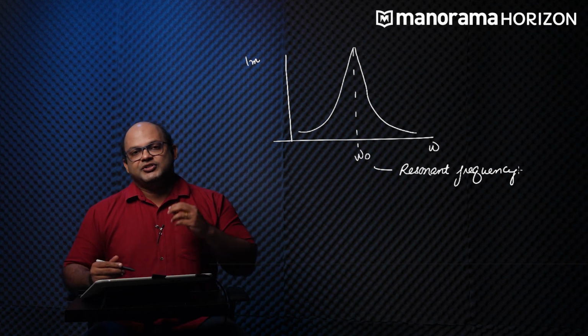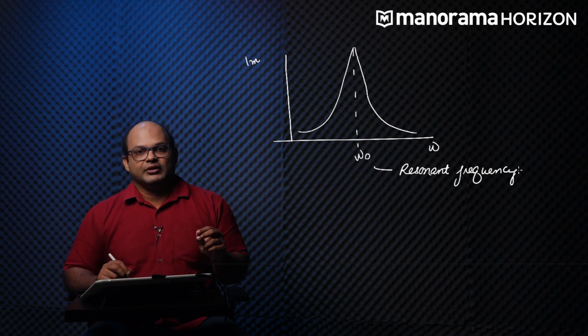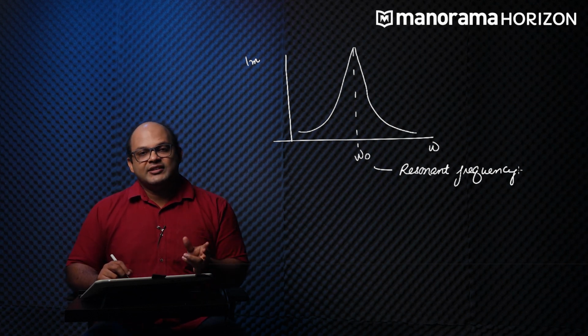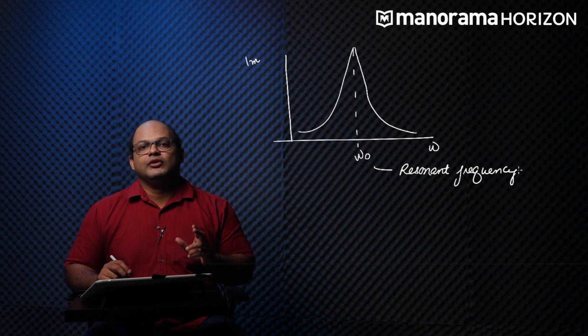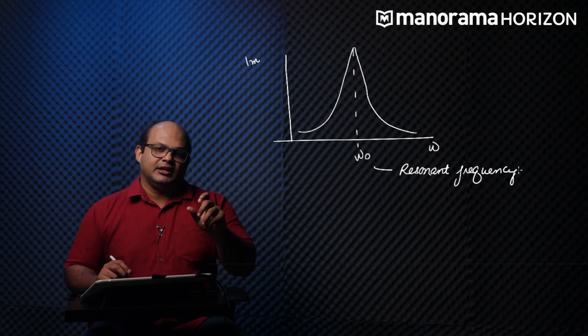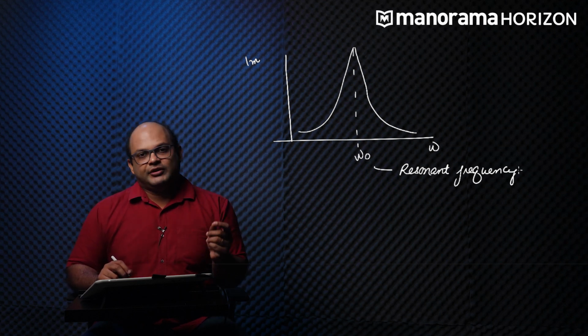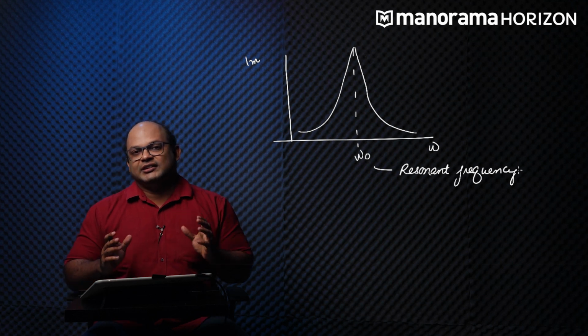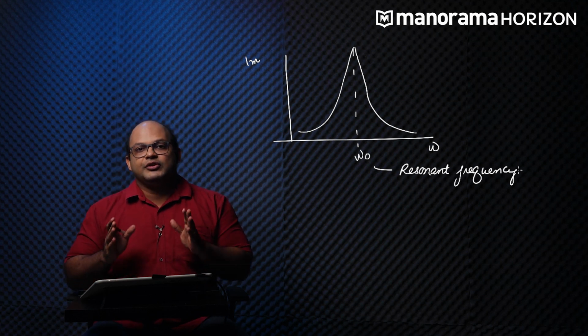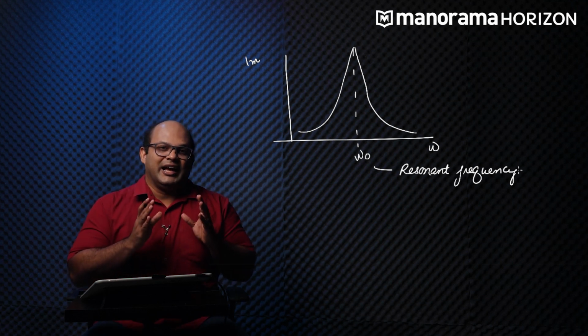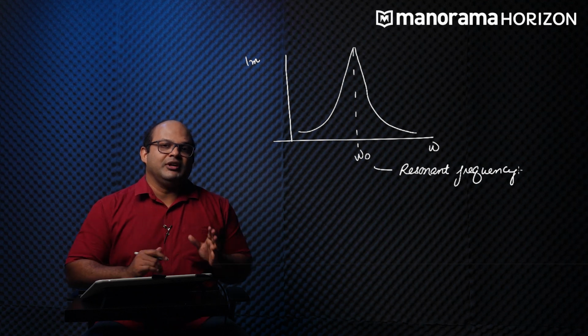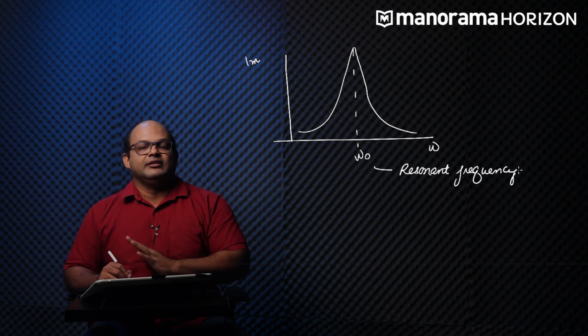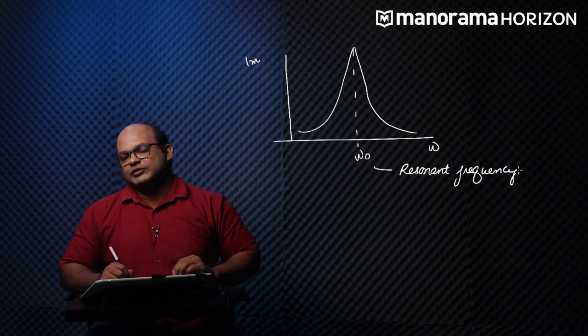By doing this, we are changing the resonant frequency of that circuit, and that change in resonant frequency allows you to select between different channels on your radio or your television.